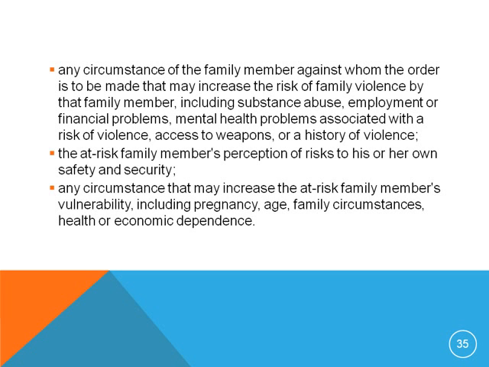And this is one that I particularly like for my clients. It allows assessment and shows that they look at vulnerability, which includes pregnancy, age, family circumstances, health or economic dependence. So definitely speak to that in your affidavits or when you're speaking with the court.